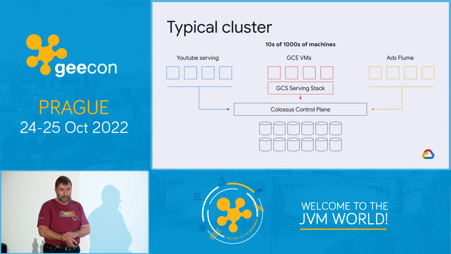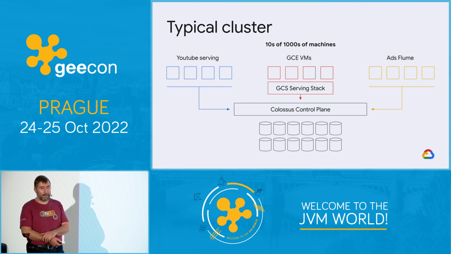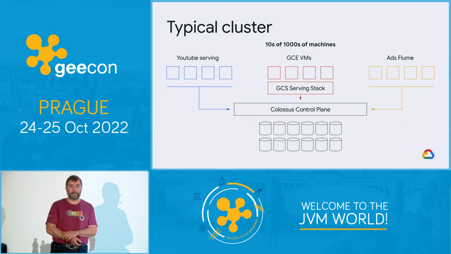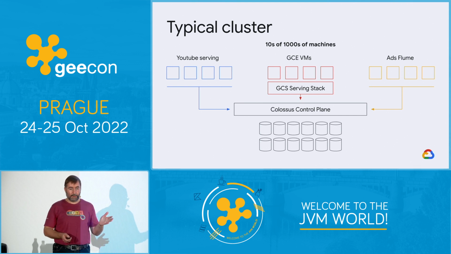Stuff disappearing. Okay, so what does a typical cluster look like? Imagine you're YouTube and you want to serve a lot of data. Then you're going to interact with the Colossus control plane.